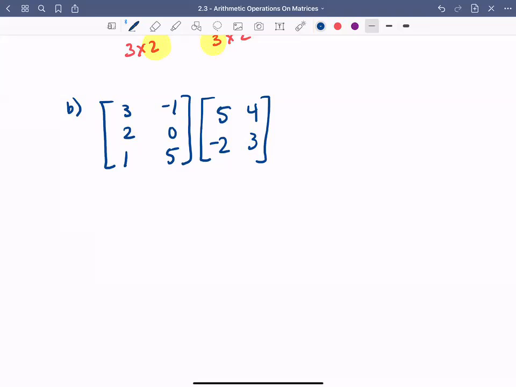So I have to check to see if they are the correct size. This first one is a 3 by 2, and this one is a 2 by 2. These match, so I know that when I am done, I'm going to get a 3 by 2 matrix.